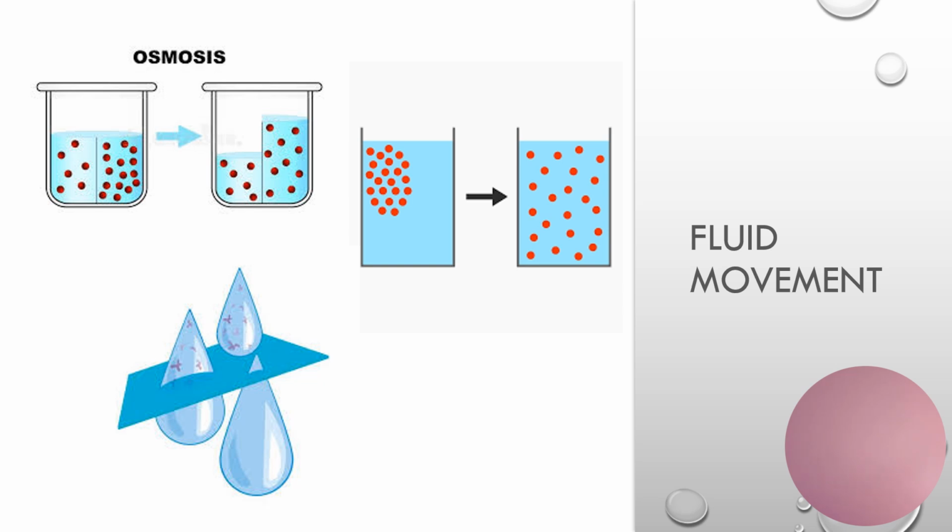Diffusion, we have solutes that move from a solution of higher concentration to a solution of lower concentration. And then filtration. This distributes fluids between vascular and interstitial compartments, such as the kidneys filtering blood and elimination of wastes in urine.